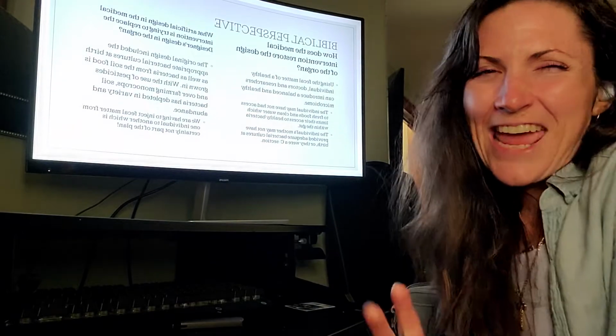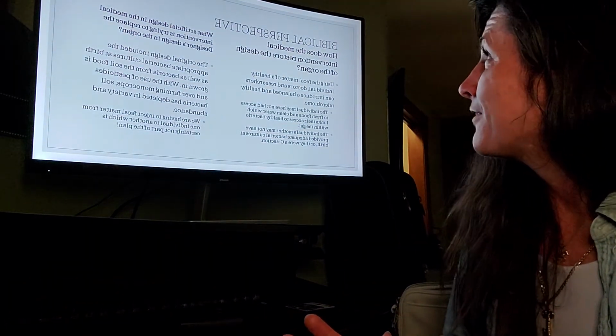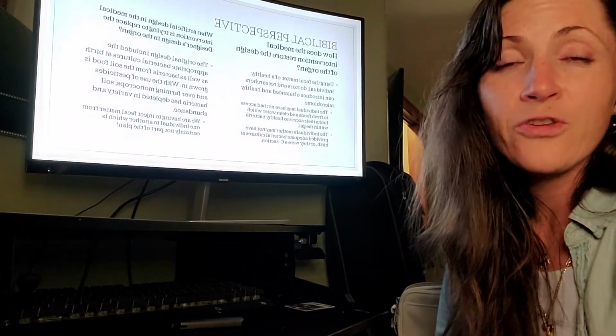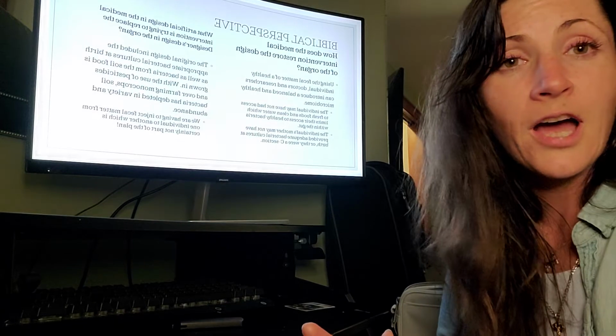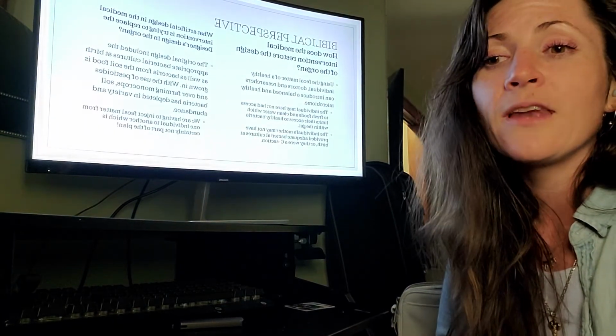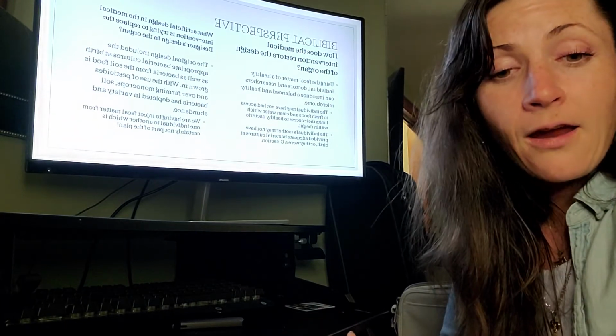Biblical perspective, which I kind of touched on here: how does the medical intervention restore the design of the organ? Well, it allows for those gut microbe cultures, your gut bacteria, to be replaced when in all actuality it should already be there.